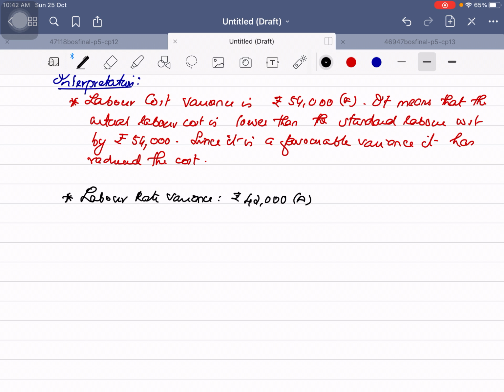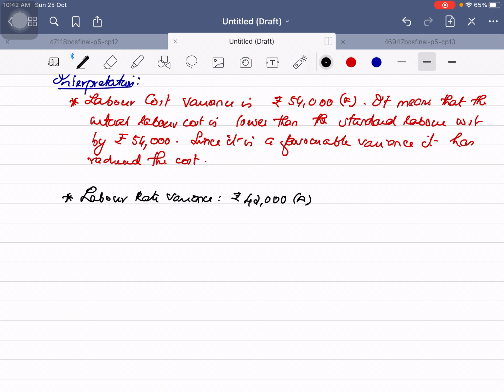As the actual cost has increased from the standard, it has resulted in an adverse variance of rupees 42,000. So that is for labor rate variance.